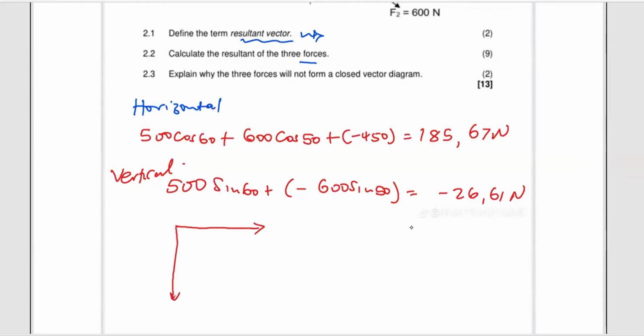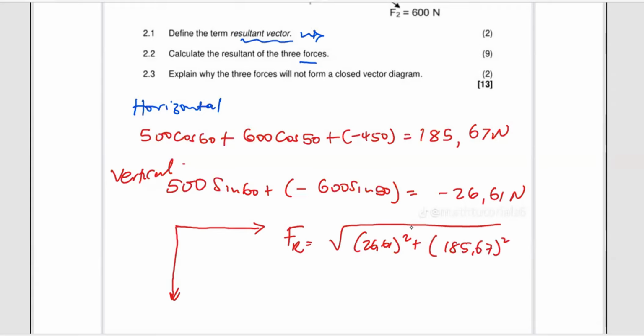So for me to get my resultant, I need to use Pythagoras. So we're saying the resultant force will be the square root of 26.61 squared plus 185.67 squared. The resultant of that I'm getting is 187.57 newtons, if I round it off.